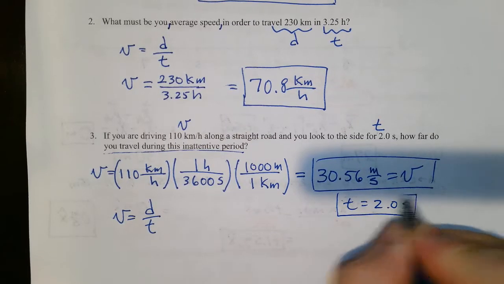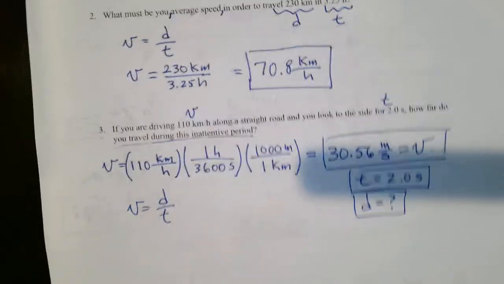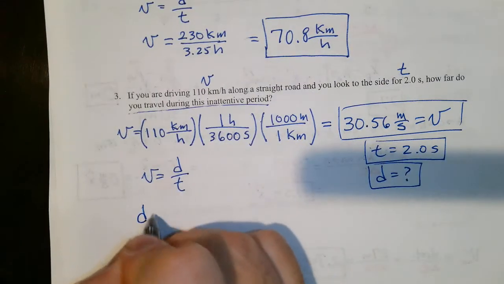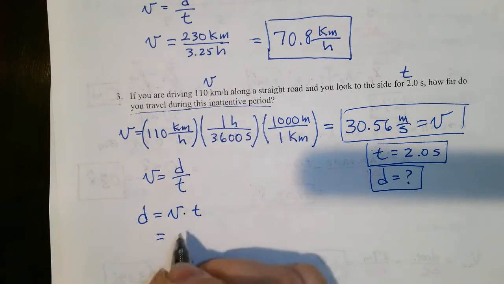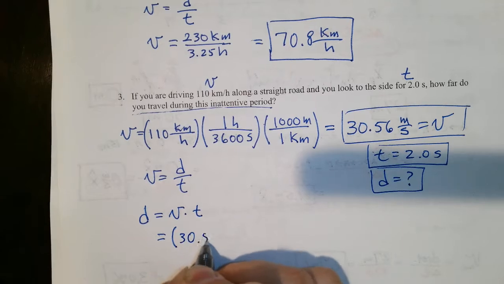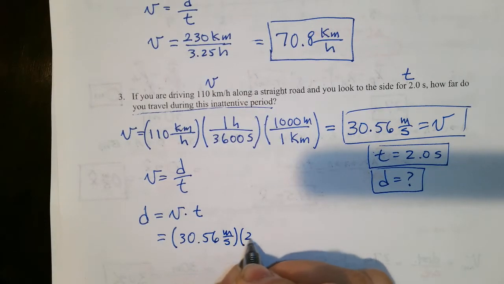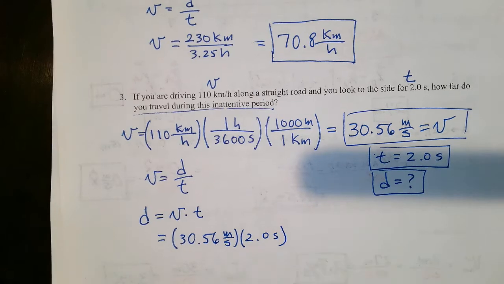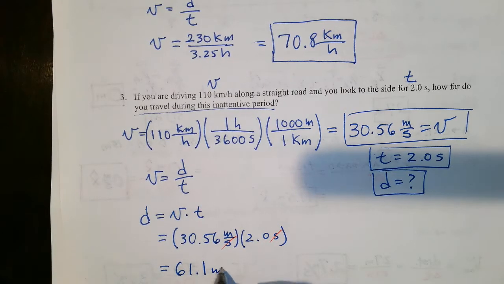So our distance is equal to v times t, which is 30.56 meters per second times 2 seconds. Notice how the seconds will cancel out nicely, giving us 61.1 meters.